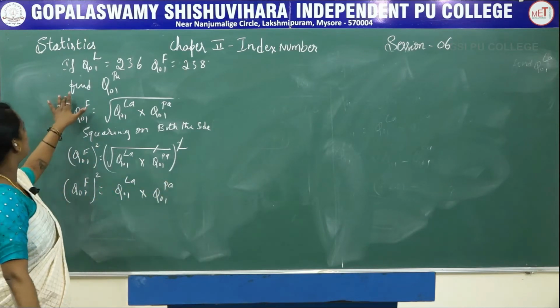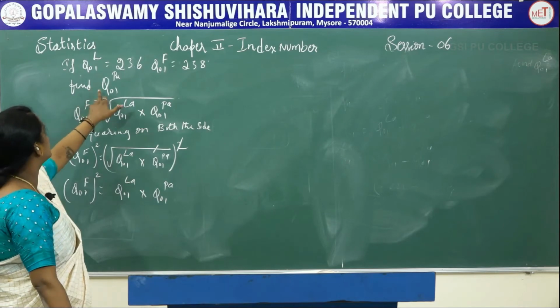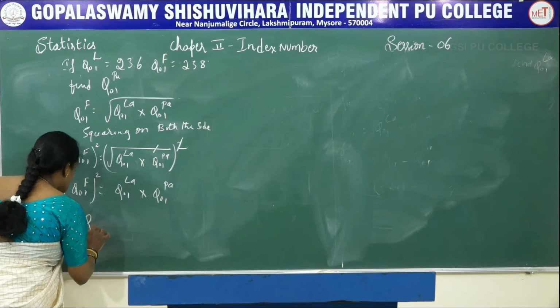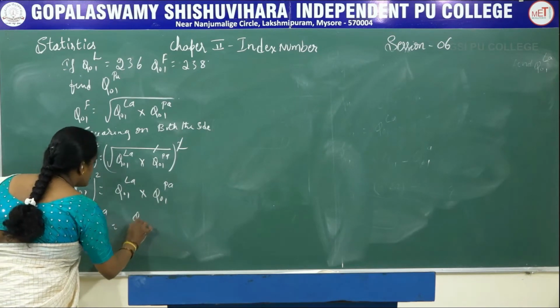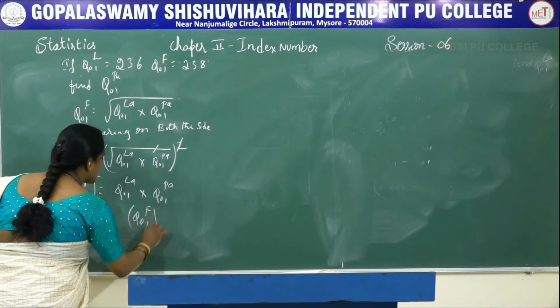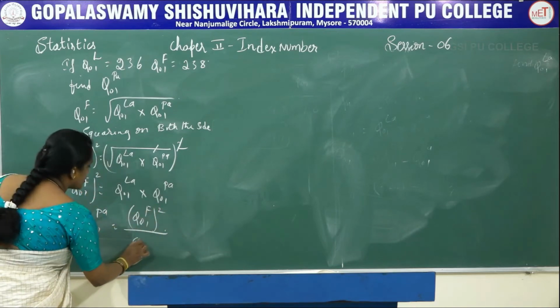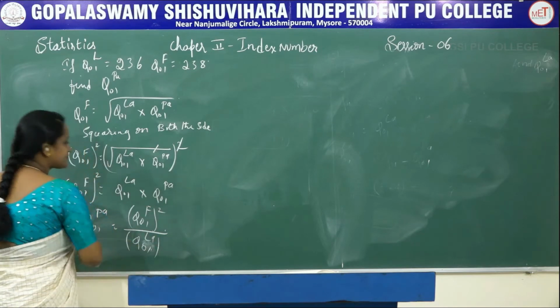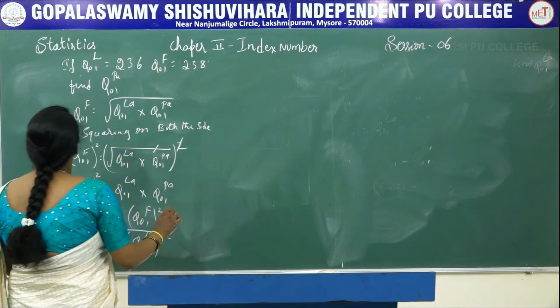But in this problem, we have to find the Paasche's. So I will take Laspeyres to the other side. So Q01 of Paasche's is equal to Q01 of Fisher's whole square divided by Q01 of Laspeyres. Now you substitute the values.